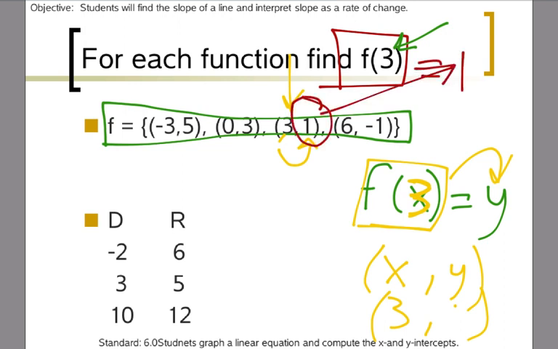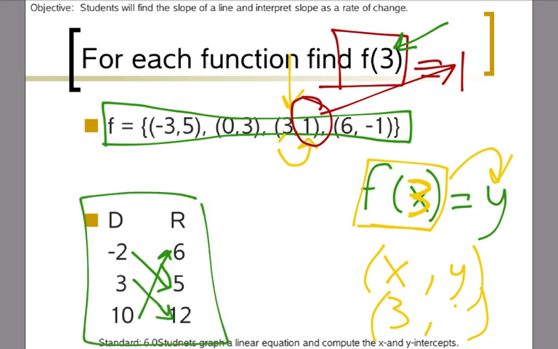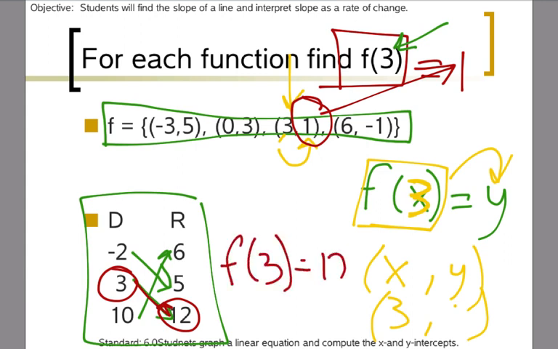And now in the mapping diagram, you'll see some problems like that. First of all, you'll actually have arrows like this. And so down in the mapping diagram problem, if you follow the arrow from the 3, it goes to the 12. So your answer for f of 3 would be 12. So it's whatever the y value is when you're looking at that certain x value.